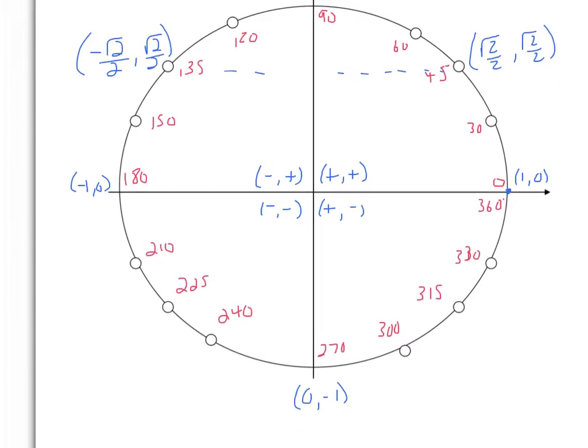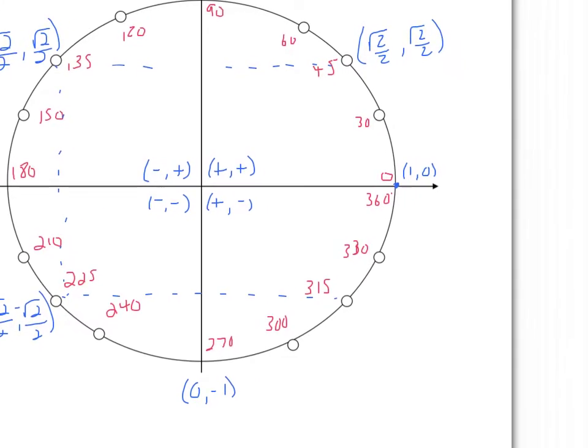And I reflect that downward to here, and that is negative root 2 over 2, negative root 2 over 2 because they're both negative in that quadrant. I reflect that again across the other way, and I have a positive root 2 over 2 and a negative root 2 over 2. And that's the 45s.